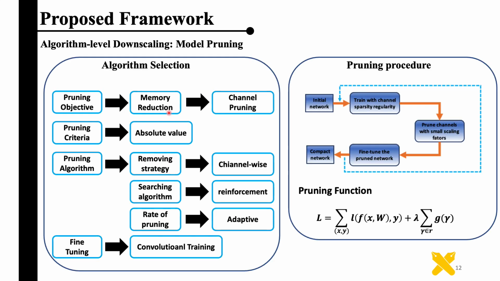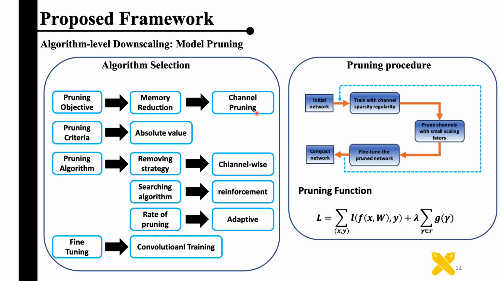Well, before talking about model pruning, I have to point out that during the pre-operation of the model, we substitute the original ReLU with the LeakyReLU function to reduce the computational intensity of the whole model. In selecting the algorithm, since we would like to reduce the memory capacity of the whole model, channel pruning should be a better choice.